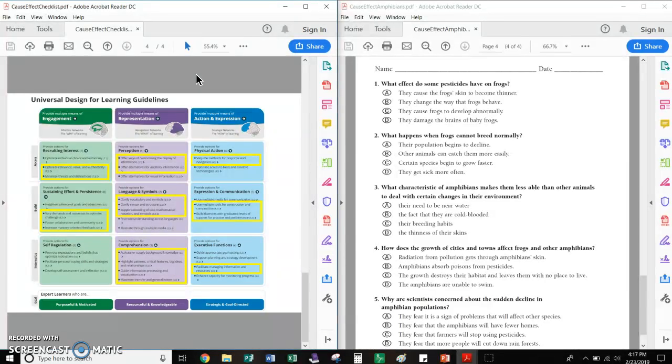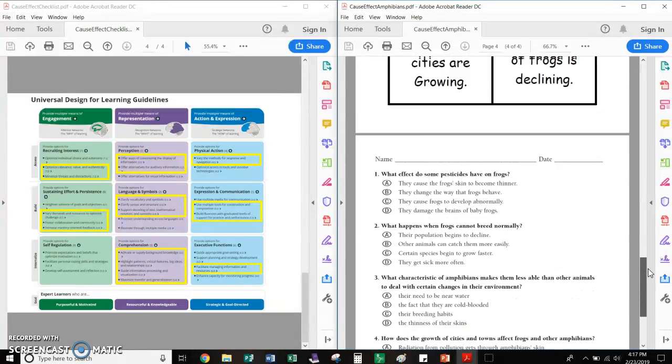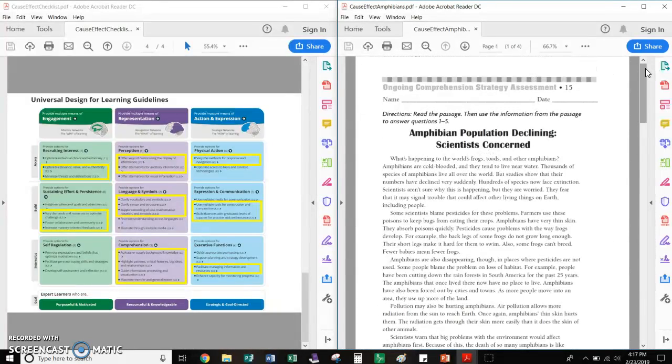So I feel like I didn't really have much self-regulation from an engagement standpoint, where kiddos could kind of reflect on how they think they're doing, self-assessment wise.